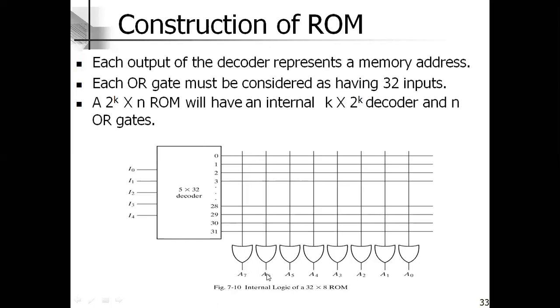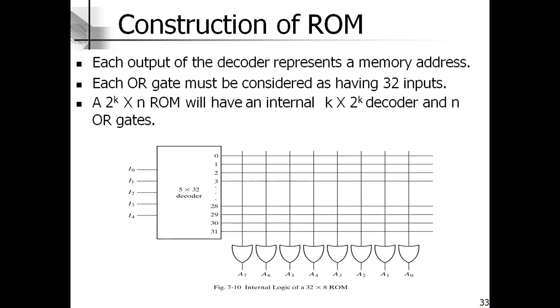Here some intersection points are there, so we will treat them as cross points. Each input connected to a particular OR gate has cross points. Here we have to indicate that particular value.